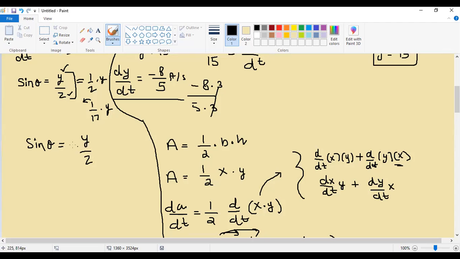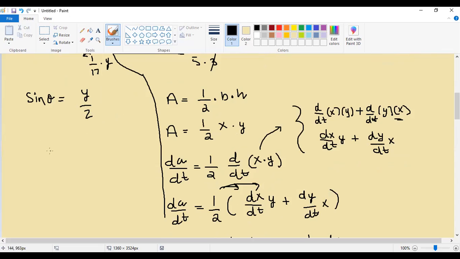And the idea here is taking the derivative of both sides. We're going to eventually be left with d theta over dt. So if we were to take the derivative of this side, we would essentially have the cosine of theta multiplied by d theta over dt, because of course theta itself is a function of time.